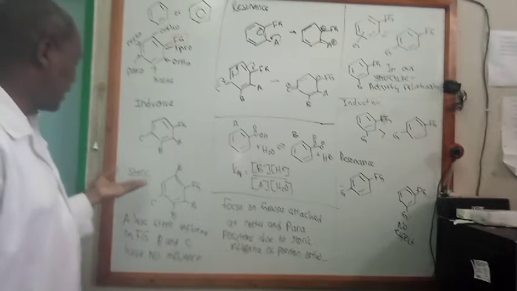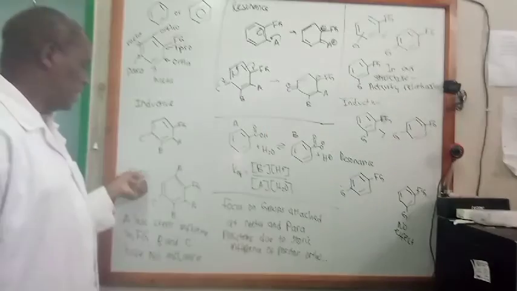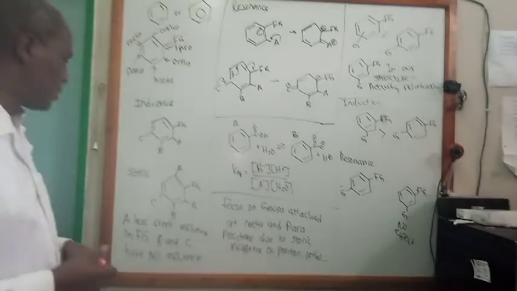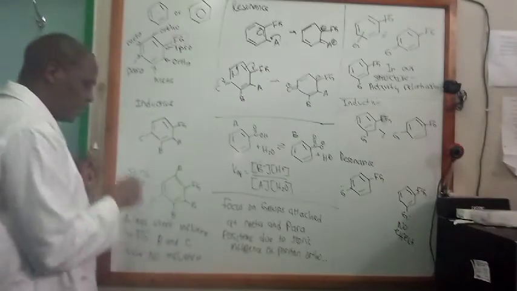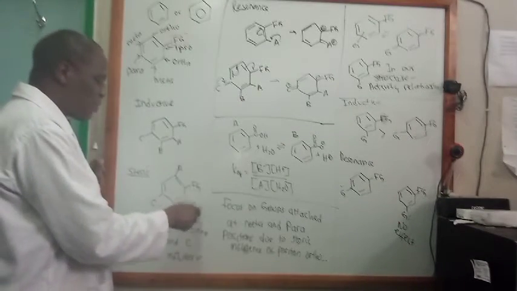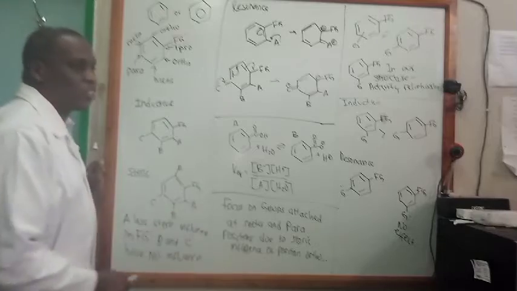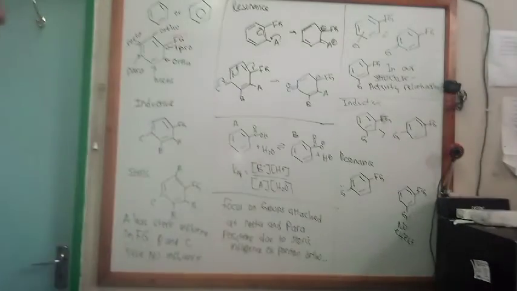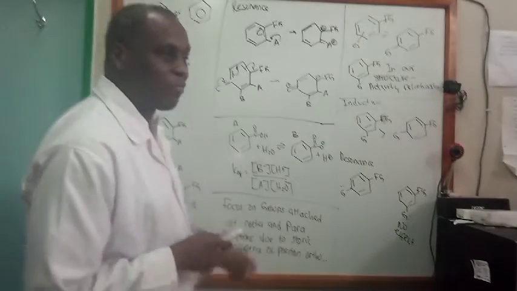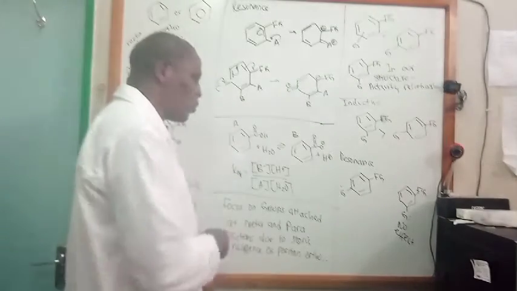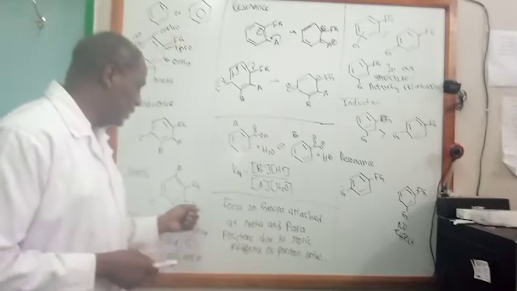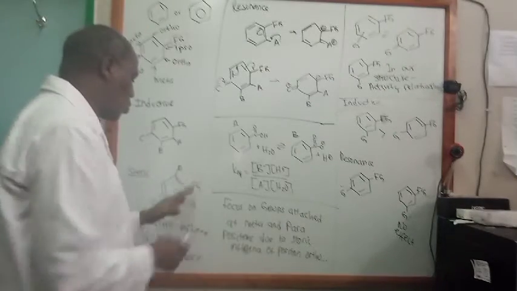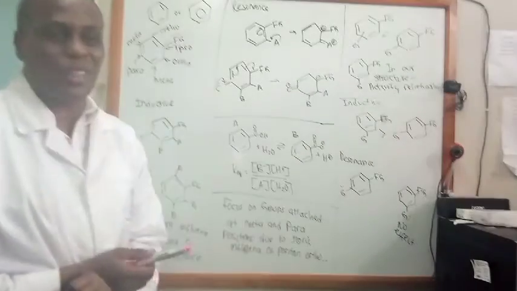So looking at steric effects, you're saying how bulky it is. If you're going to have a bulky group next to the functional group, then that will interfere with the reactivity of the functional group. Assuming you've got something like a tertiary butyl group at position A, then it's really going to crowd around the functional group.